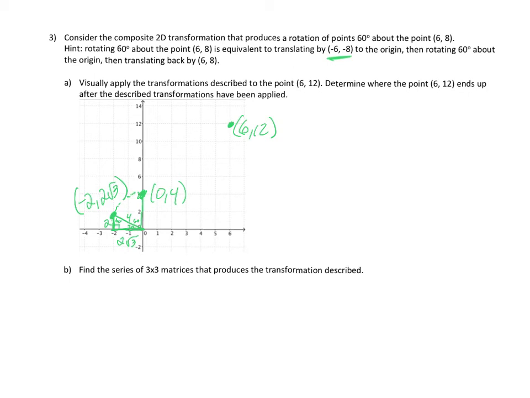So -2 plus 6 is 4. So I'm going to move it to 4. And then 2 root 3 plus 8. I'm just going to get an approximation for this so I know about where to put it.